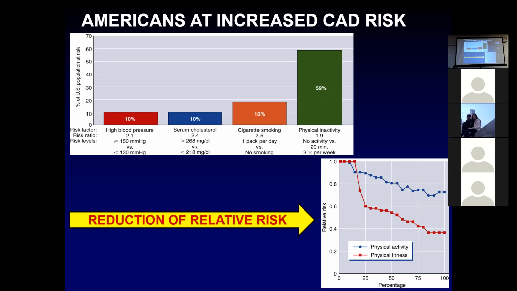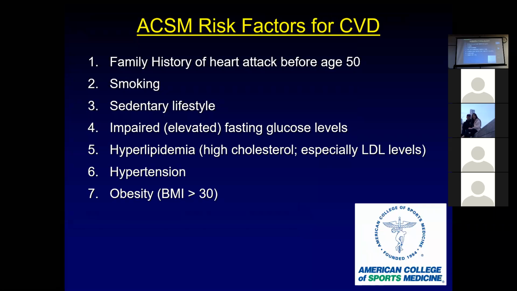And as you will see, if I'm physically active, I'm less likely to smoke. It will lower my serum cholesterol. It will likely lower my blood pressure if I'm hypertensive. So this is the one. If we can target this, we can have very nice knock-on effects on some of our other risk factors.